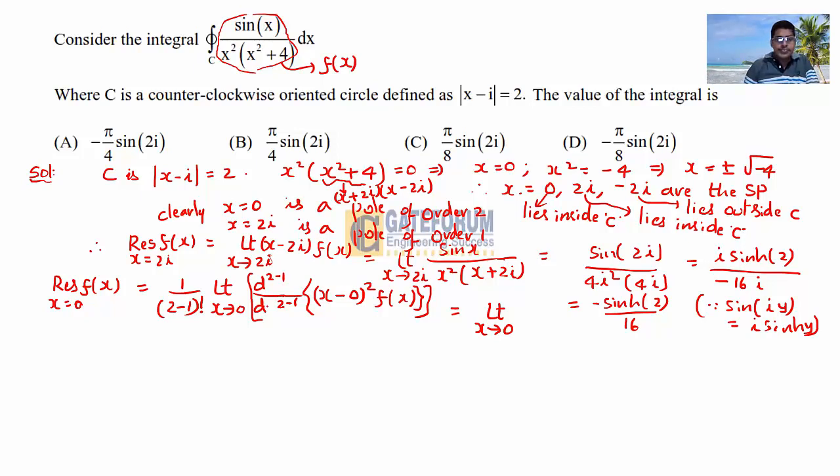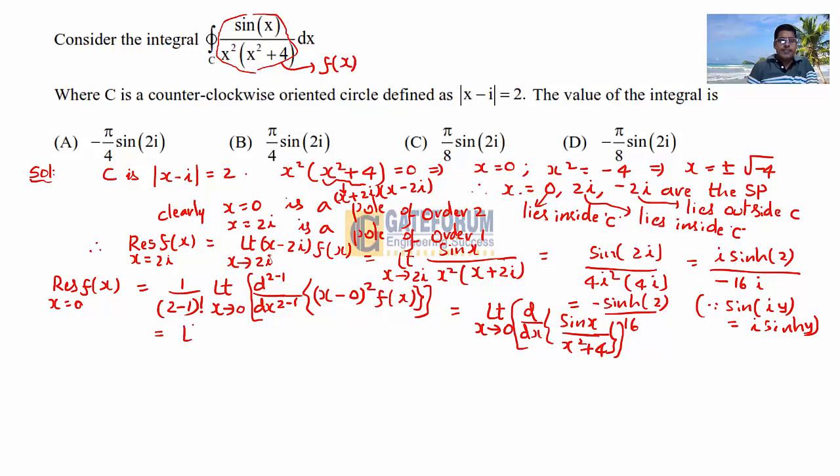Now this is limit x tends to 0, d by dx of sin x divided by x square plus 4, with respect to x derivative, quotient rule procedure.